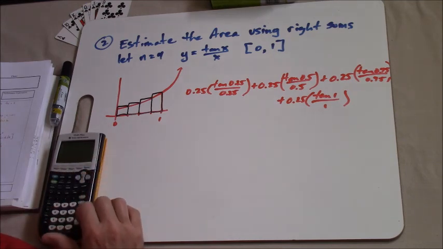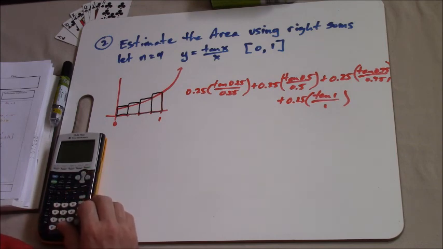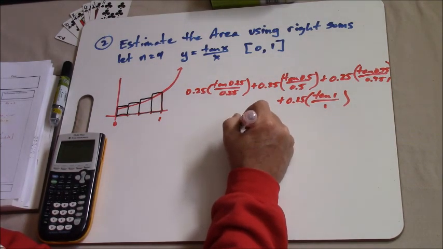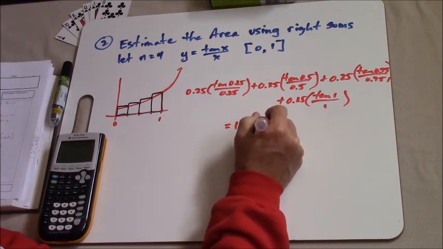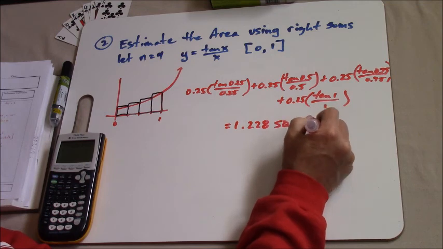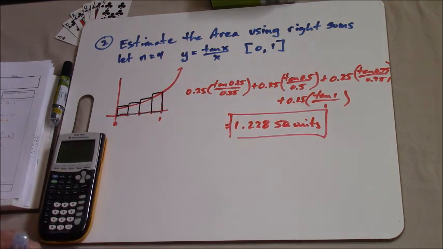All right, and then plus tangent 1. And so what I got was 1.228 square units. Don't forget your label. We're talking about area here.